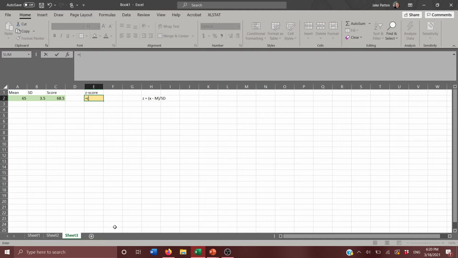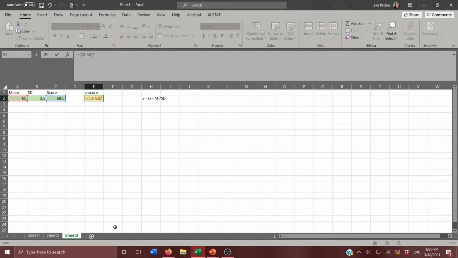So we need to set it apart with parentheses. So we're going to do open parentheses, and we're going to subtract our mean, which is in A2, from our score, which is in C2. Now you can close your parentheses because you've got that subtraction out of the way.